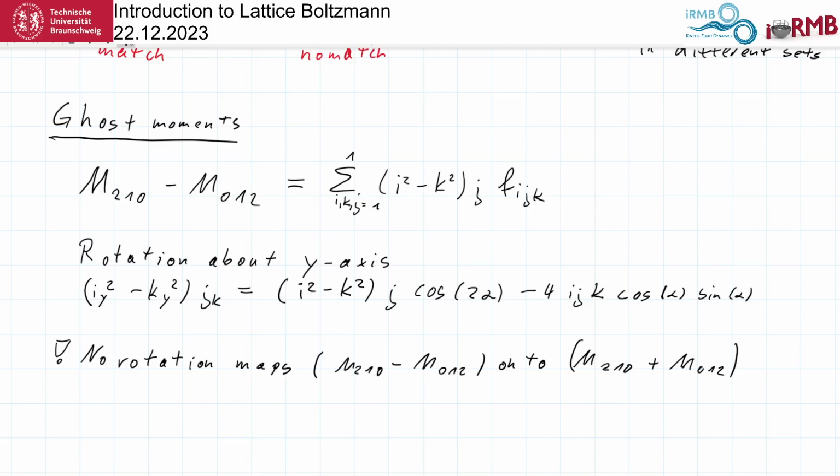And therefore, this is actually a physical property of these moments, that they do not match each other. So they genuinely represent different physical quantities. These things don't have anything to do with each other. And because they represent different physical things, they are also permitted to have different rates. They are not coupled by isotropy, so their different rates are admissible here.